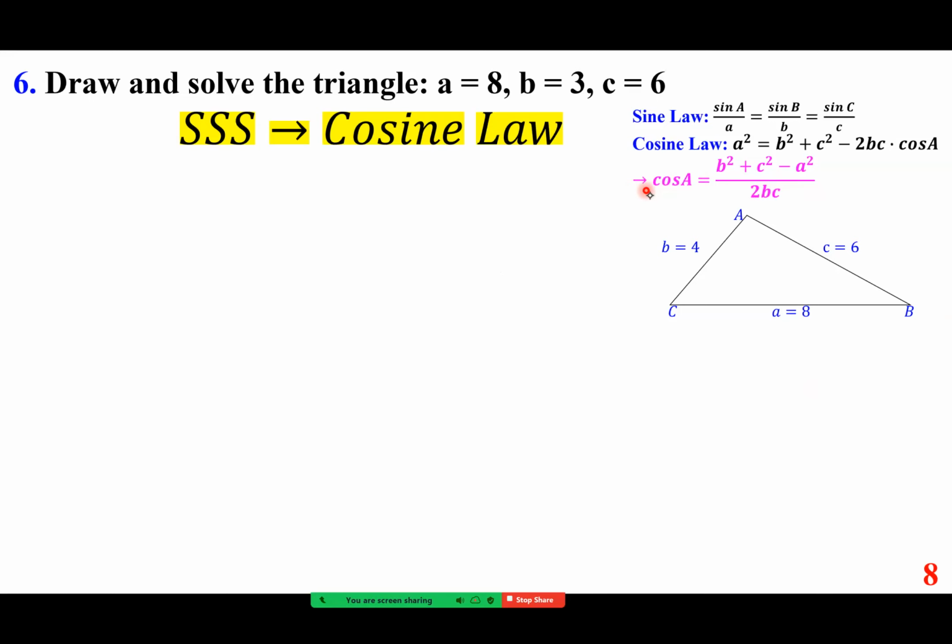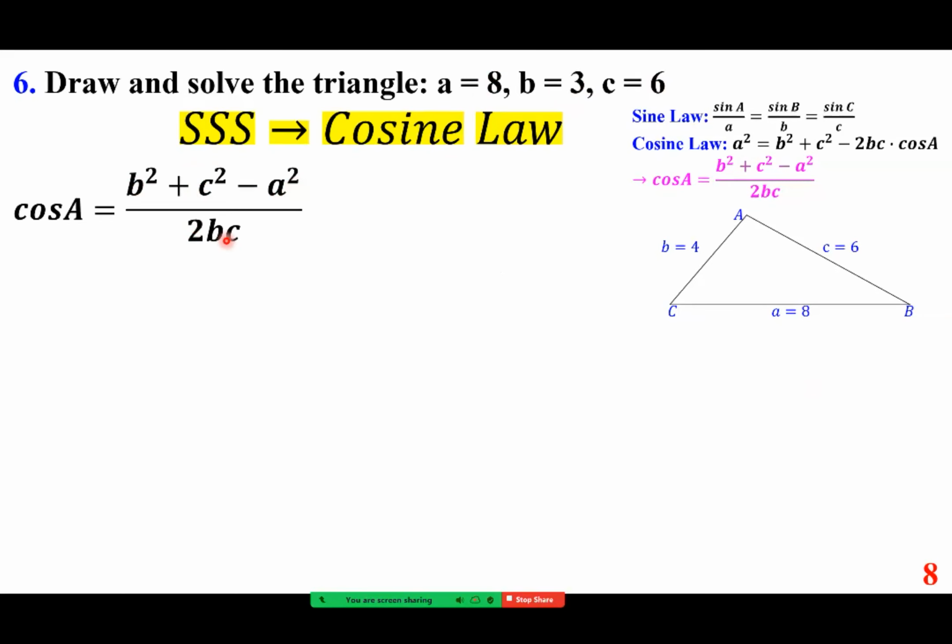So cosine A is B squared plus C squared minus A squared over 2BC. Well, B squared, 9, C squared, 36, minus A squared, 64.